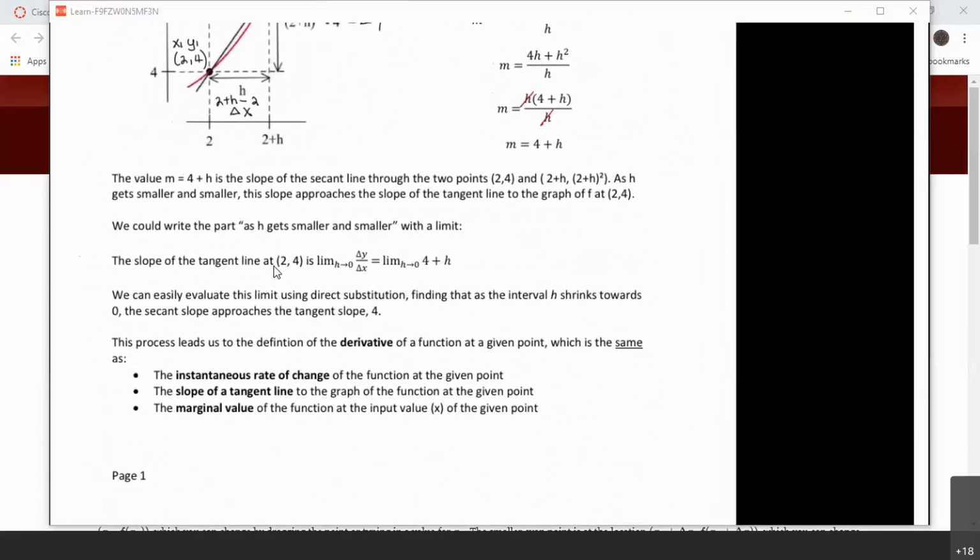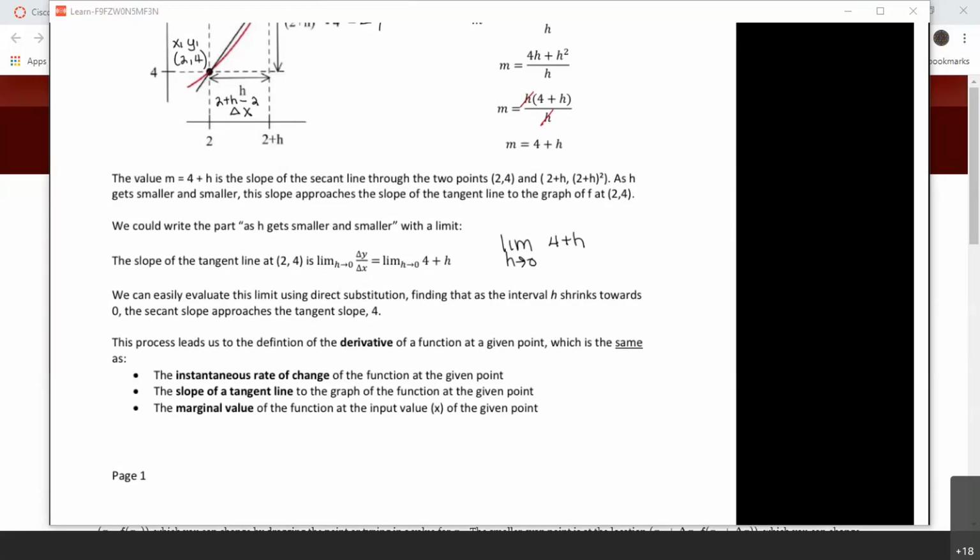The slope of the tangent line at 2, 4 is the limit as h approaches 0. Again, this is an artifact of my equation editor, that it puts this as h approaches 0 to the right rather than underneath. It's the same thing as the limit as h approaches 0 of 4 plus h.